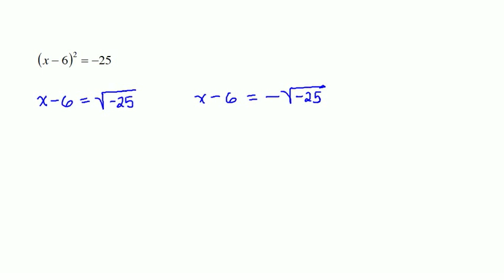Of course, we can simplify the square root of negative 25 by thinking of that as the square root of 25 times the square root of negative 1, and writing it then as 5i.